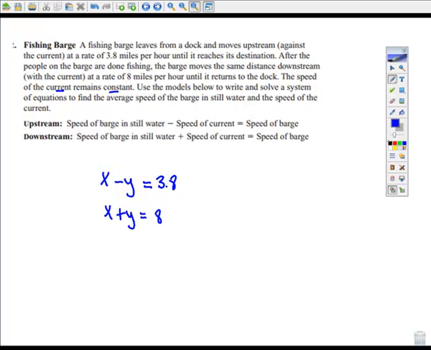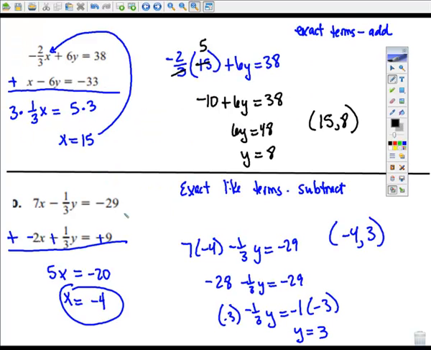So here's our system. And in this particular case, we've got two choices. We have exact same x terms, but exact opposite y terms. I generally choose, if I can, exact opposites because it's less work. Remember, if you have exact opposites, make sure you put that in, opposite terms you add.